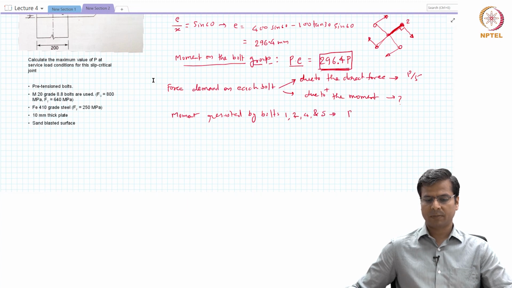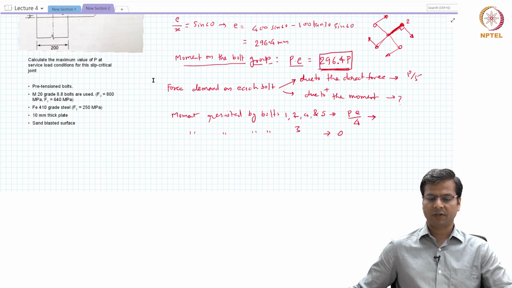How much is the moment resisted by each bolt? PE divided by 4. And what is the moment resisted by bolt number 3? 0, because it is at 0 distance from the centroid. So bolts 1, 2, 4 and 5 will each be resisting PE by 4 moment.